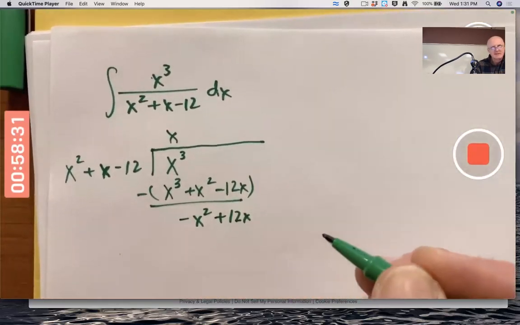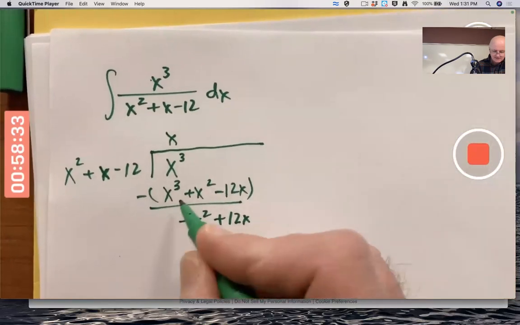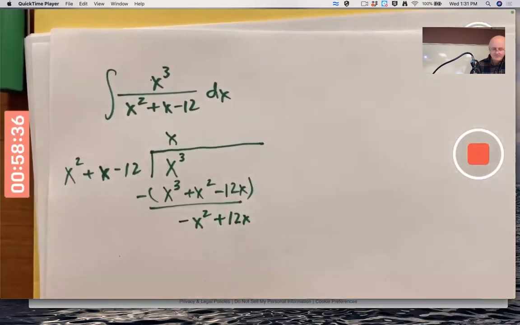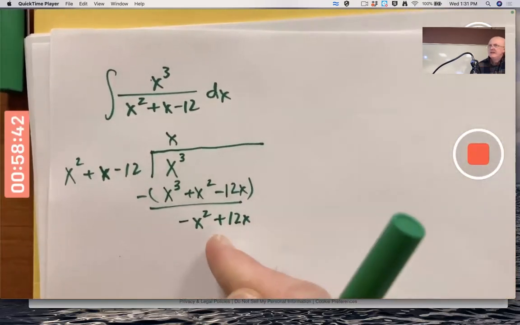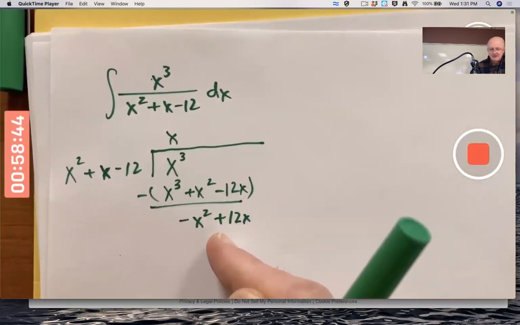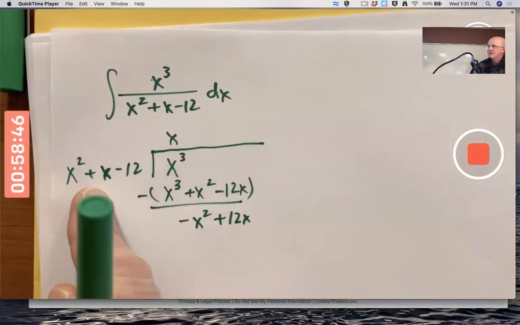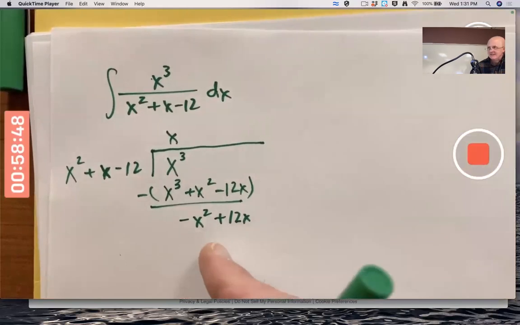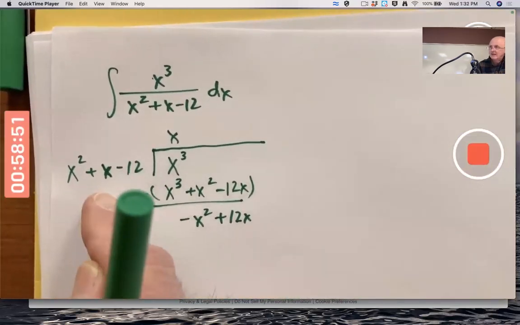You don't have to think about the zeros, actually. You could just imagine distributing the minus sign through there. Okay, what does this mean? If whatever you get here has a degree less than what you're dividing by, you can stop. It doesn't. It has a degree equal to what I'm dividing by, so I can't stop.